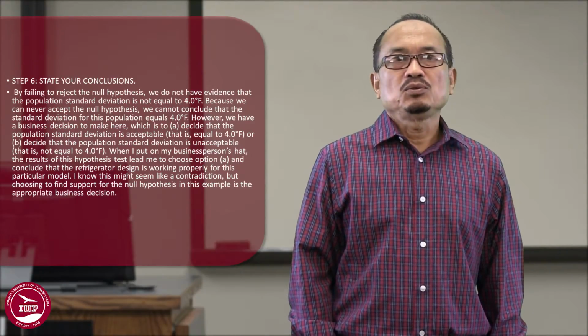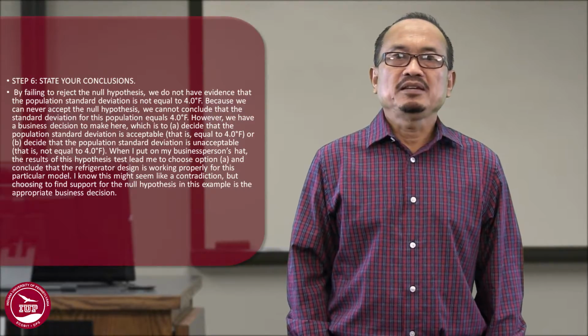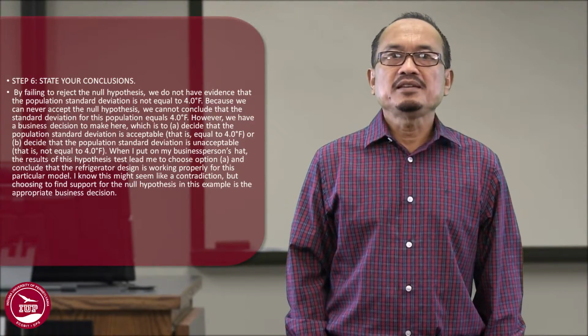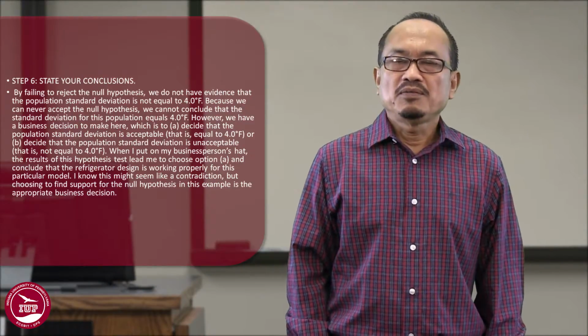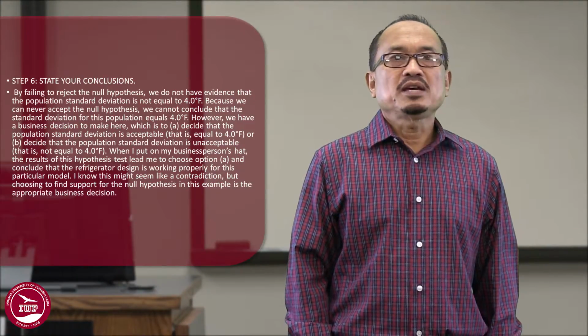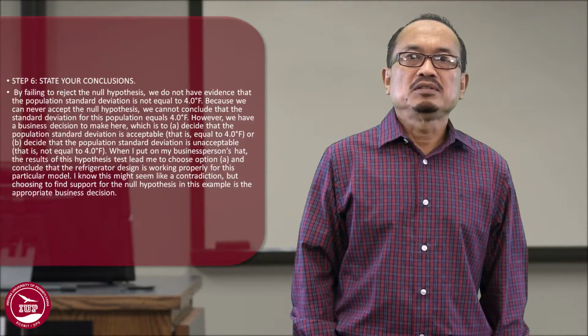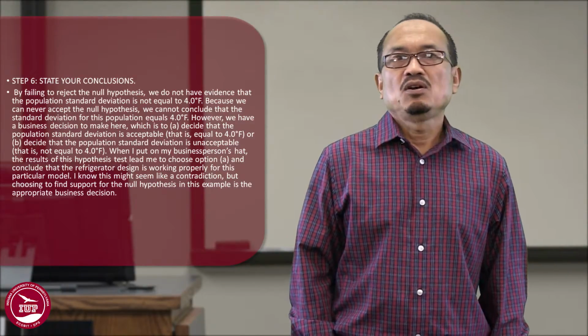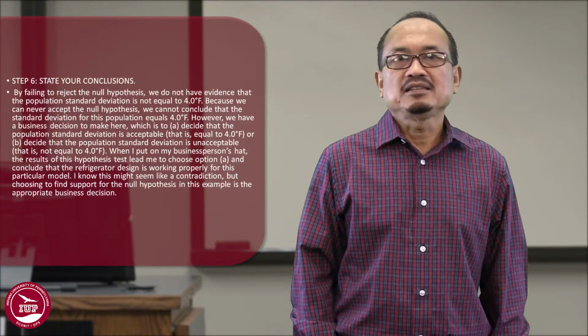By failing to reject the null hypothesis, we do not have evidence that the population standard deviation is not equal to 4 degrees Fahrenheit. Because we can never accept the null hypothesis, we cannot conclude that the standard deviation for this population is equal to 4 degrees Fahrenheit.